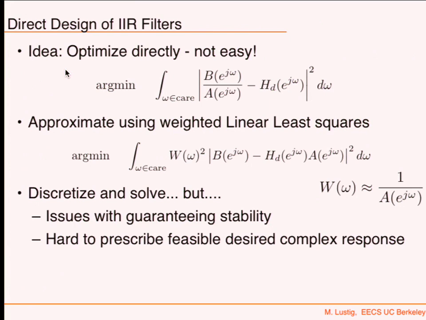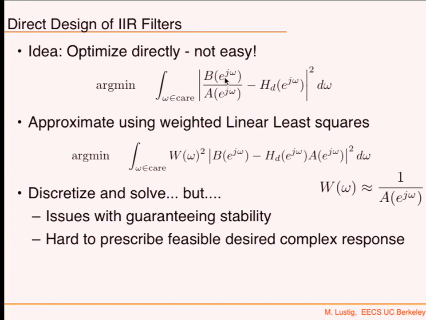One are coefficients of X, and one are the coefficients of Y, of the outputs. Each one has a Fourier transform, and the result is really the Fourier transform of B divided by the Fourier transform of A. This effectively is the frequency response of our filter.